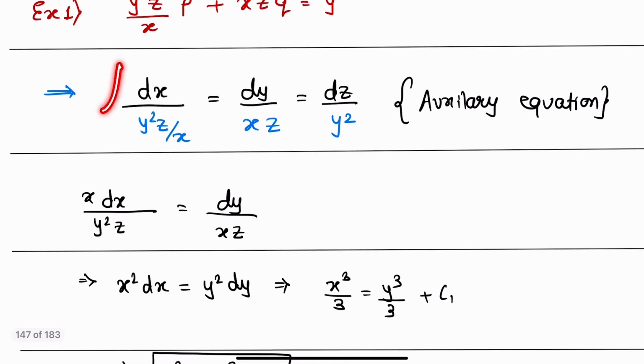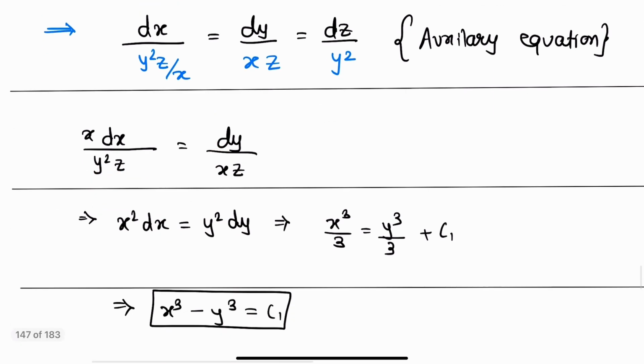So once we get this auxiliary equation, let us equate ratio 1 and ratio 2. We get x dx/(y²z) equals dy/(xz). We multiply x to this side, this z gets cancelled out, and y² to here.